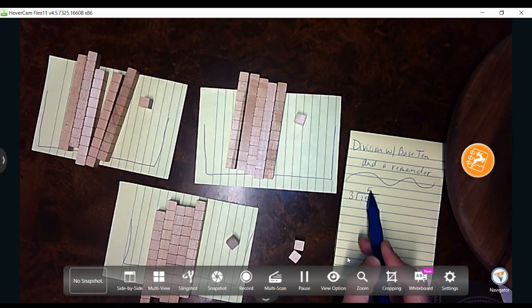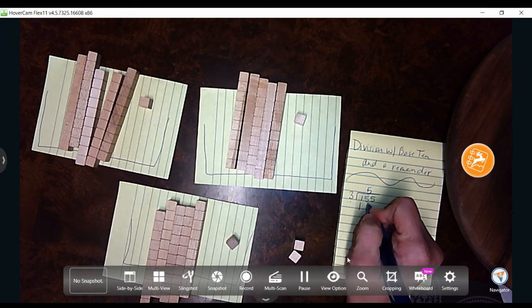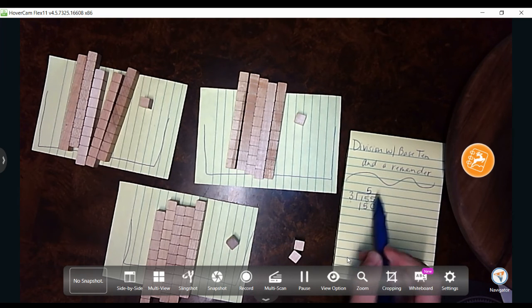This is my tens place. So this is 50. I have to know what this is representing. This 5 is representing 50. So 50 times 3 is 150, or 5 tens times 3 is 150.